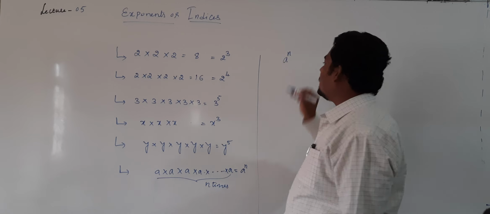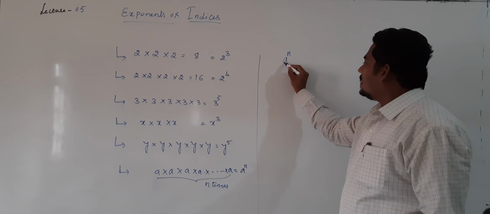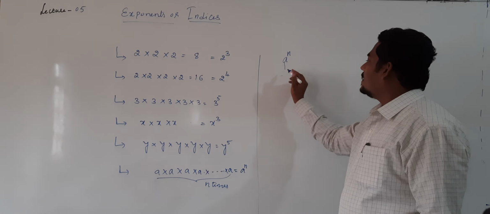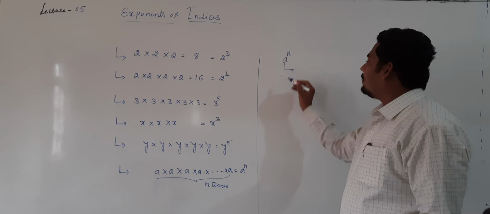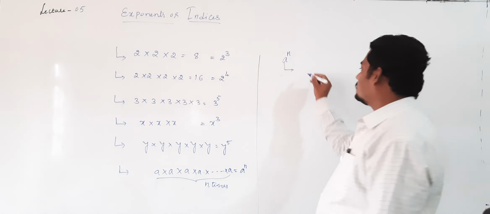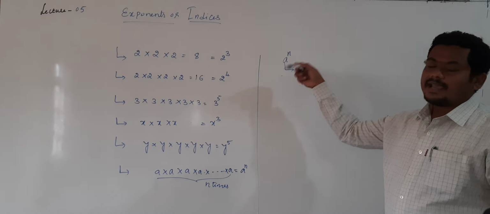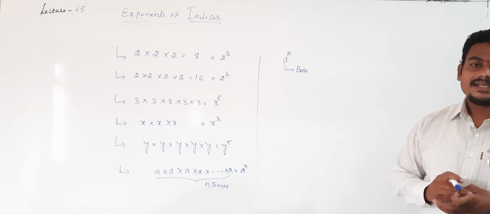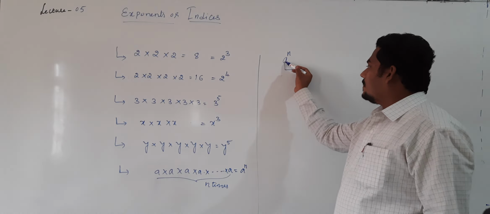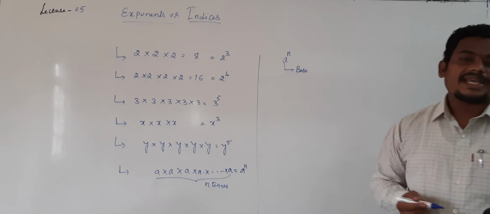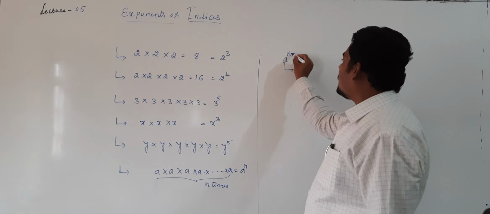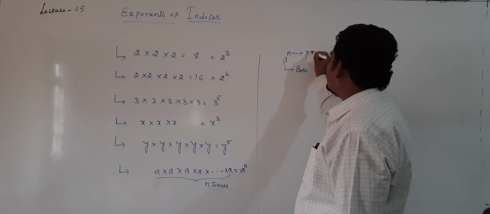Next, suppose a power n. In a power n, which is one of the exponents, a is known as the base of the exponent and n is the power of the exponent.